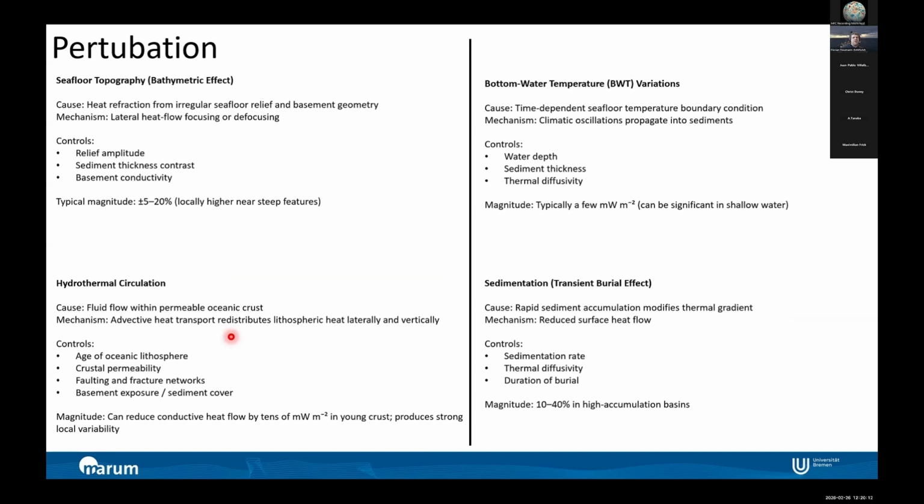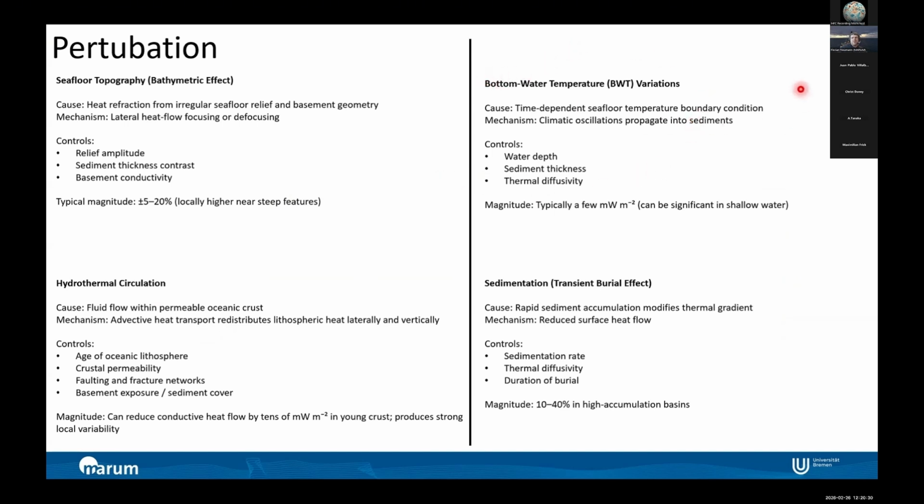And this is for heat flow values we observe and what should be expected for the age of the lithosphere, there is some deficit, and this deficit is then accounted for by hydrothermal circulation in the oceanic crust.